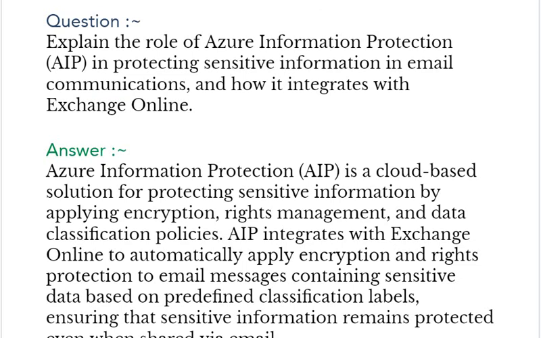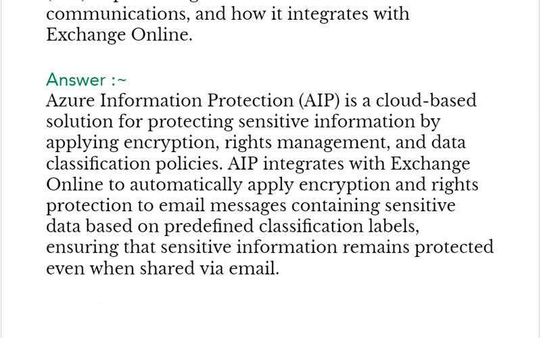Our next interview question is: explain the role of Azure Information Protection AIP in protecting sensitive information in email communications and how it integrates with Exchange Online. Your answer should be: Azure Information Protection AIP is a cloud-based solution for protecting sensitive information by applying encryption, rights management, and data classification policies.